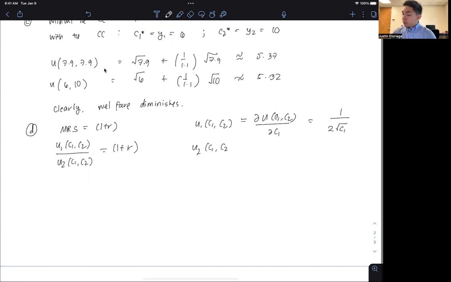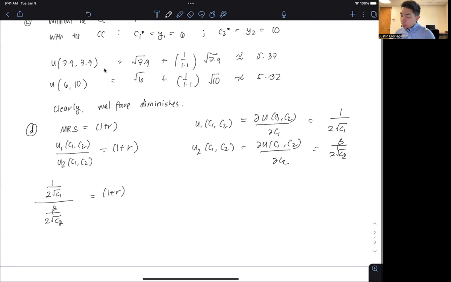You differentiate the utility function with respect to C2, and you get beta divided by 2 square root of C2, right? Then you divide the two, so you get 1 over 2 square root of C1 divided by beta over 2 square root of C2, which is equal to 1 plus R, right?